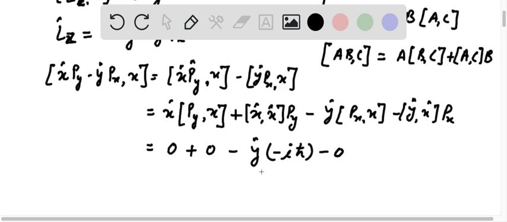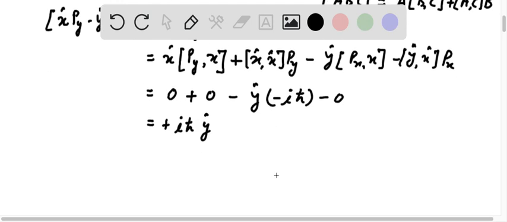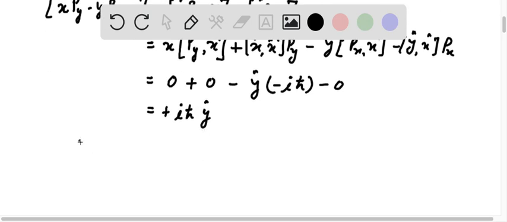So hence this will be plus iħy, and that means [Lz, x] is equal to plus iħy.